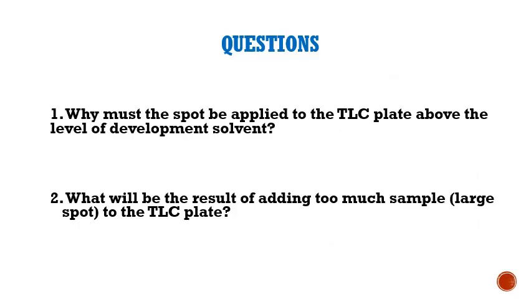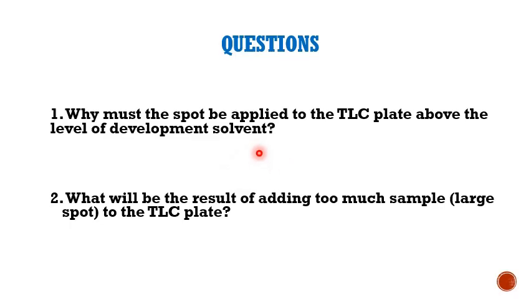So some of the questions that might pop in your heads is, why must the spot be applied to the TLC plate above the level of development of the solvent? Why? Because if you apply the spot under the level of the development of the solvent, the dyes will dissolve in the mobile phase and it will never be eluted.